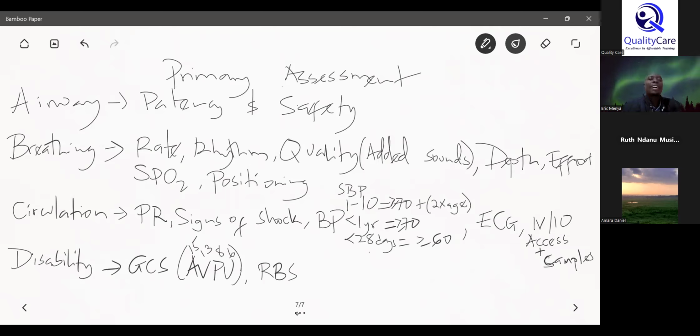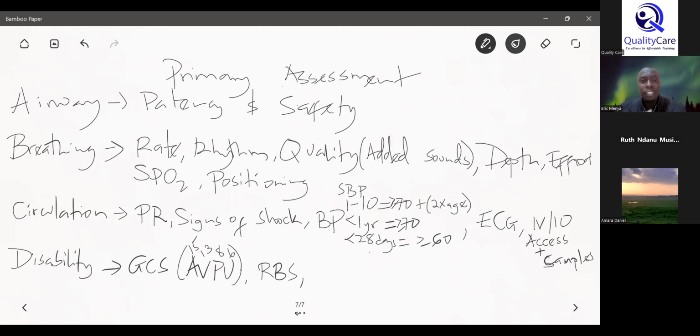For the child or older infant, how many milligrams? 50 to 65. 60. 60, okay. 60 as a cutoff. So 60 comes to 3.3 or thereabouts.